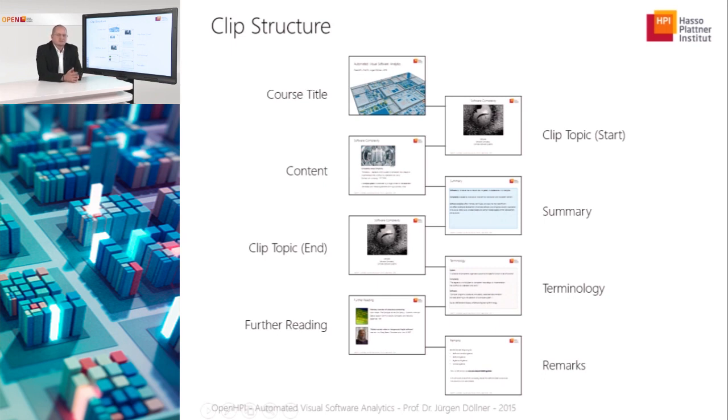So this is a general clip structure. I hope that you will find this very convenient, especially the summary and terminology slides may help you to organize all these terms we will get in touch with. Yeah, that's the clip structure.